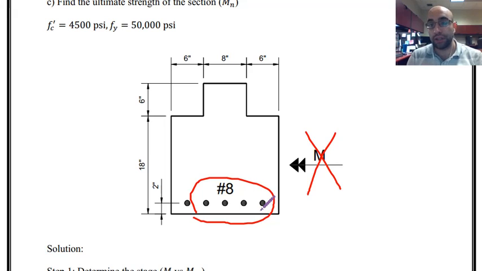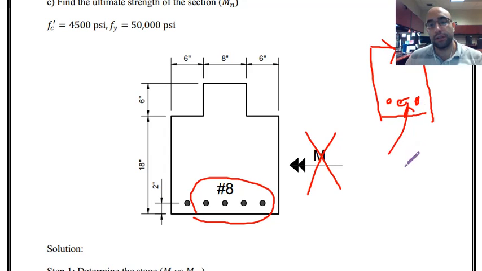Of course, we have double reinforced sections, which we will talk about later. But if I see a situation like this, for example, a section like this, where reinforcement is over here, it means that this side is in compression and this side is in tension.